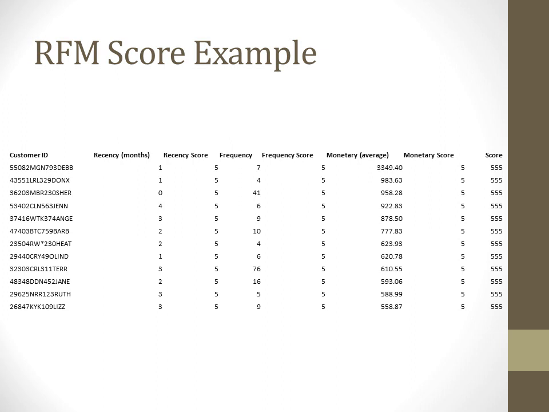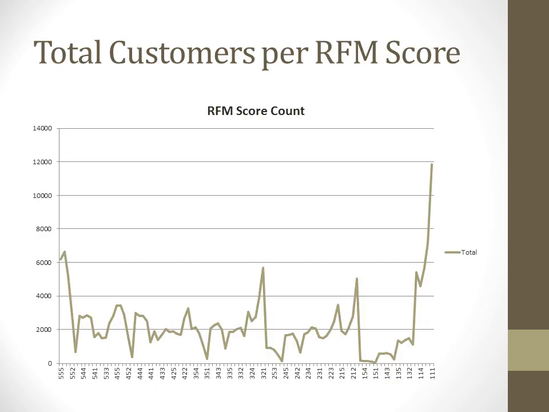Then the monetary average of over $3,000, which is by far the most, is an easy 5. But you can kind of see how that can work out, giving you a final score right here of 555. So someone could have a 3, a 2, and a 4, and so on and so forth. So there are 125 different options between 111 and 555.